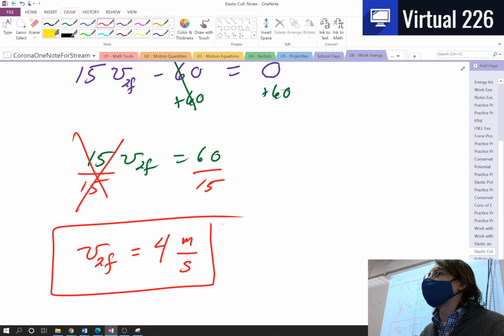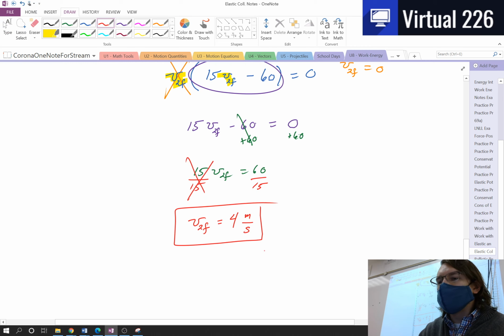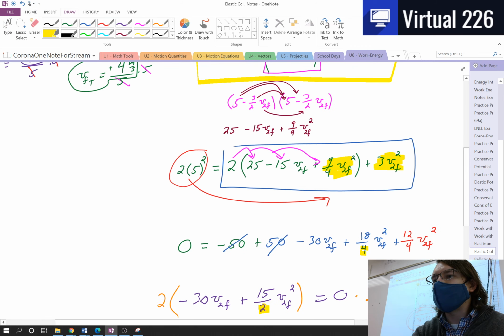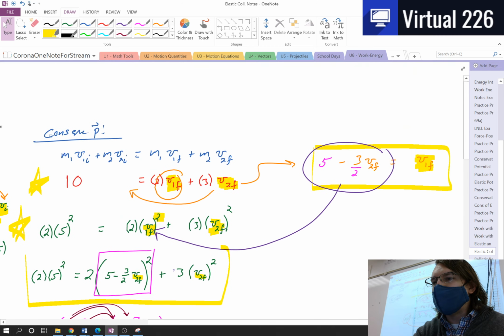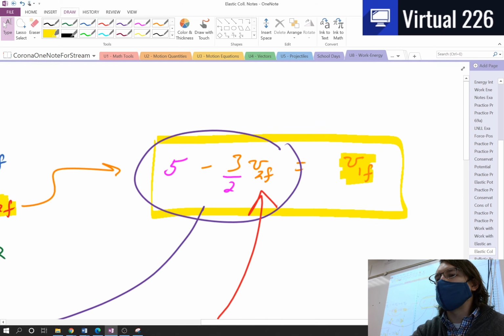This is the kind of work that we would have to do to get that equation back. If you wanted to find the final velocity of the first object or the projectile itself, that's fairly straightforward to do. We can take this value of 4 meters per second here, and if we go way back up, we could put it into this equation right here.